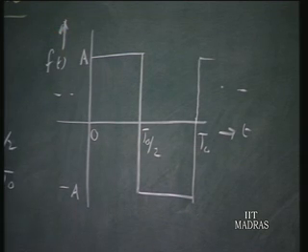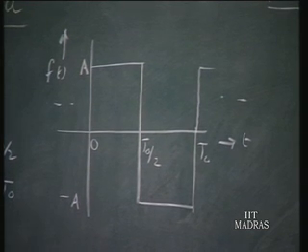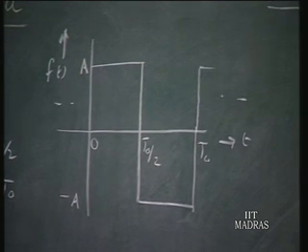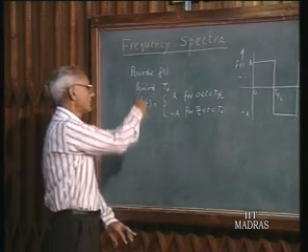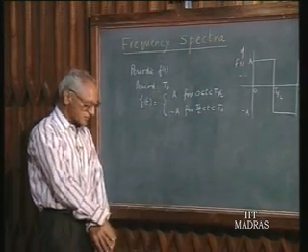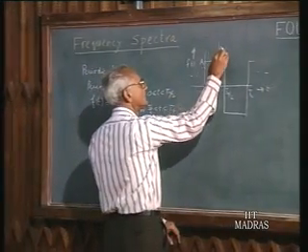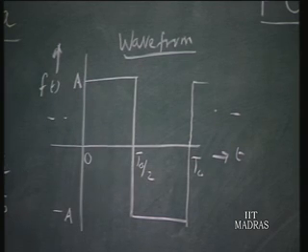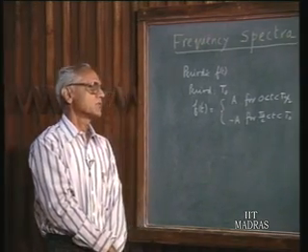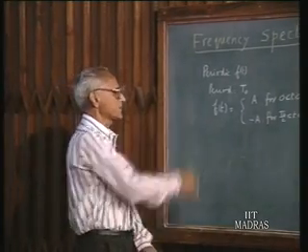So information about the periodic waveform presented in this manner gives you a real feel for the variation, and it is often useful therefore for us to plot these functions of time through waveforms like this. We know this is called a waveform. And that is the reason why an oscilloscope is such a useful instrument in the laboratory, because we can see the variations with respect to time which are often masked in an analytical expression of this type.